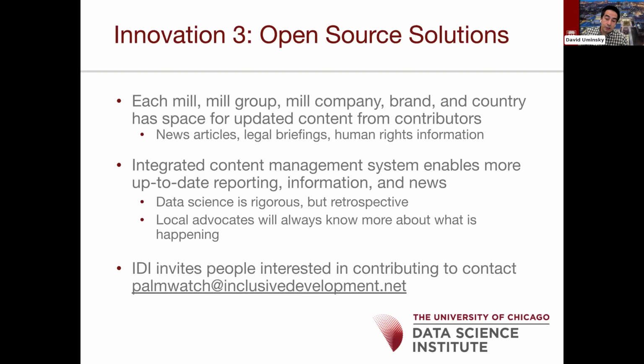What we're really concerned about is giving community groups, human rights groups, and advocacy groups the power to make change and make sure that future information is actually a part of those decision-making processes. And to understand that, we can include things like human rights information, news, and things that are happening on the ground on this tool through this content management system.